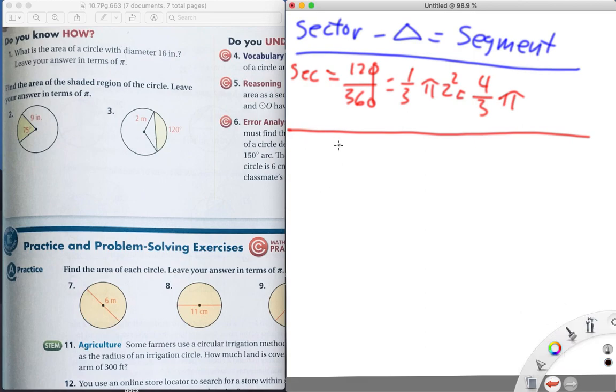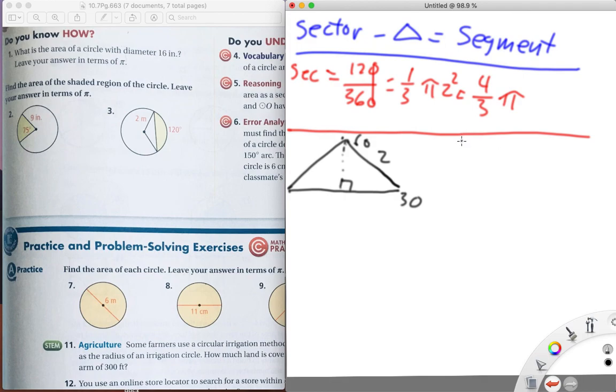Our triangle, we're going to have to draw this one. So it's 120 degrees, but we're going to cut it in half because we need a height. That will make this 60. That will make this 30. This is 2. That's our hypotenuse, which means that this height here would be my short leg.